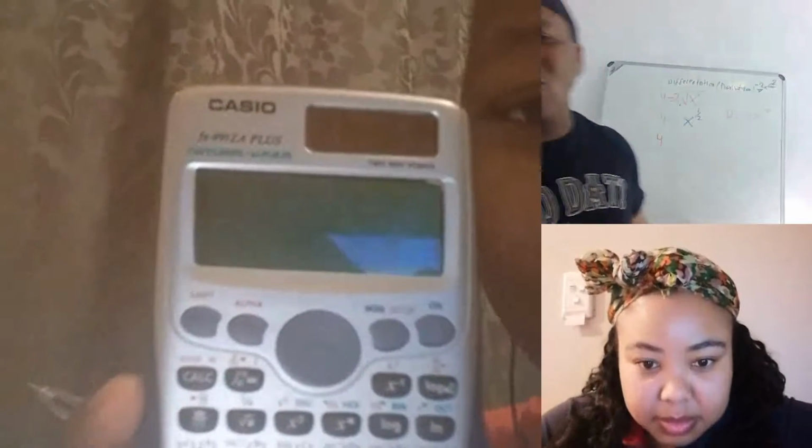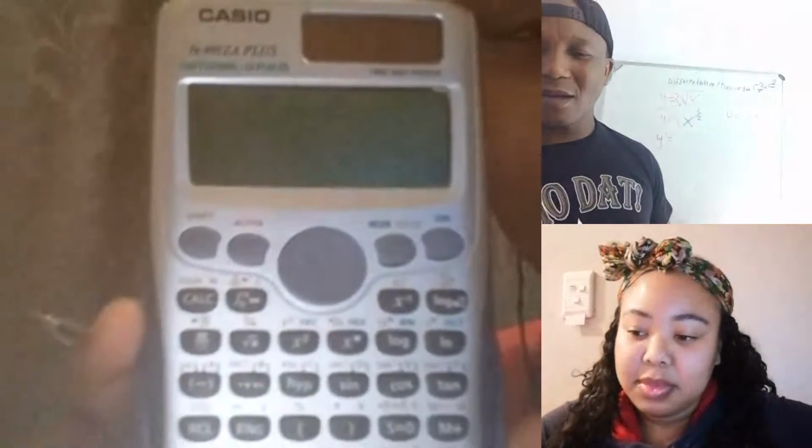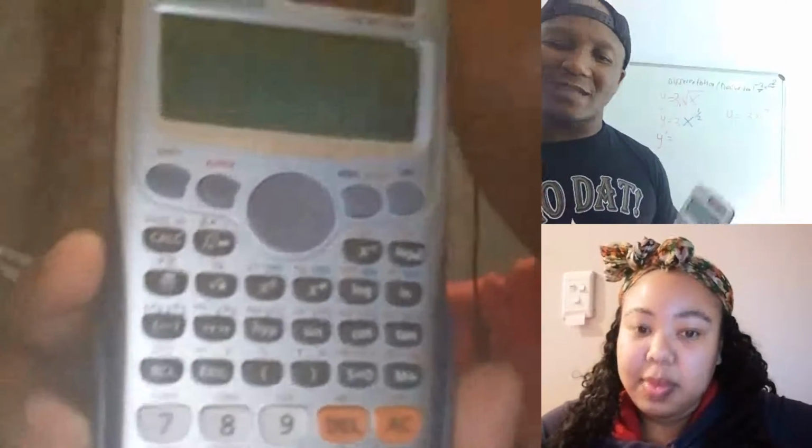You see this one, the second line, second from the top. It gives you a fraction.